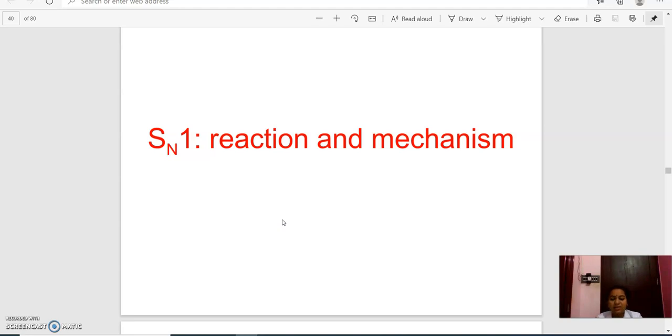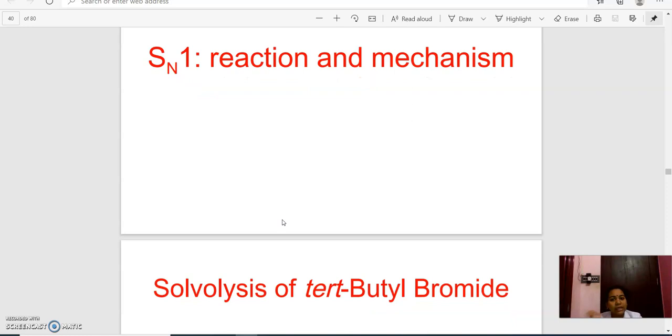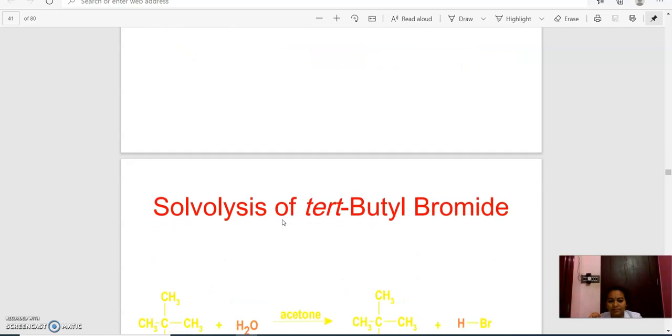But the SN1 reaction is a unimolecular reaction, so we need not worry about the nucleophile, because the rate of the reaction depends only upon the substrate. Only three factors we have to consider: first the nature of the substrate, second the nature of the leaving group, and third the nature of the solvent.